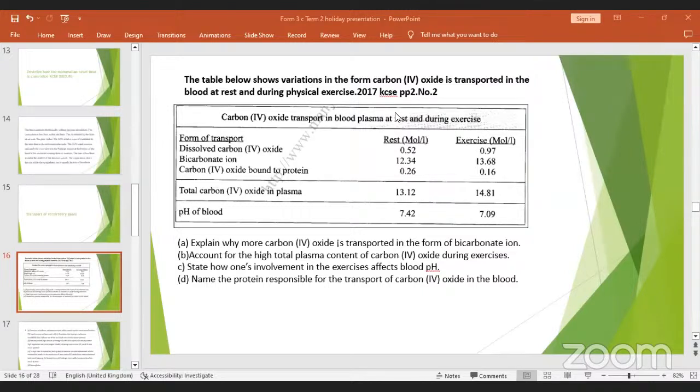Sawa. Naelewana. Carbonic anhydrase is an enzyme that speeds up the reaction between water and carbon dioxide to form weak carbonic acid. Now this acid dissociates to form the bicarbonate ions, or the hydrogen carbonate ions. I told you nowadays we don't use bicarbonate ions, we use hydrogen carbonate ions.